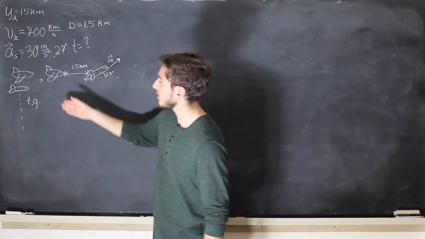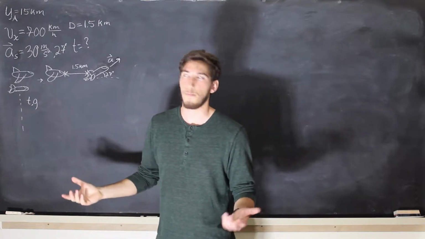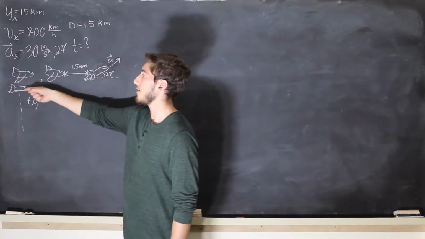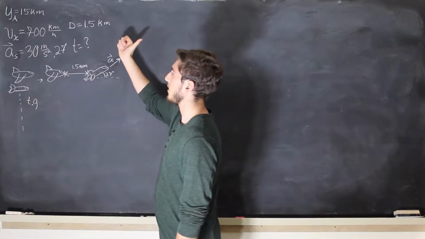Then the plane releases the shuttle, and the shuttle falls for a certain period of time. Then its thrusters turn on, and it accelerates the shuttle up into space.